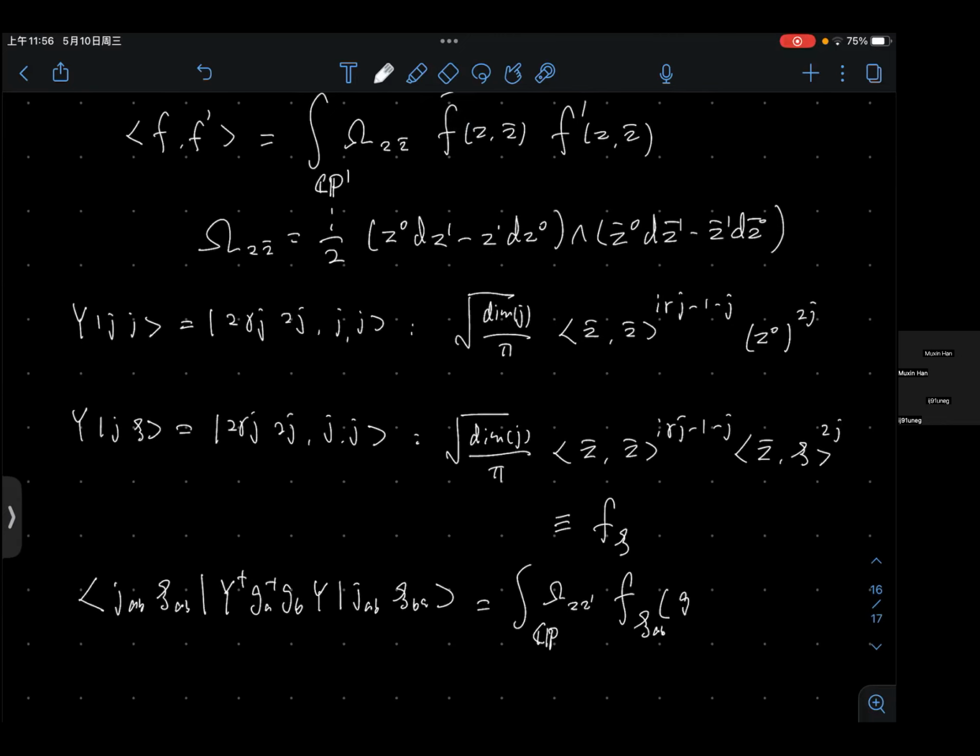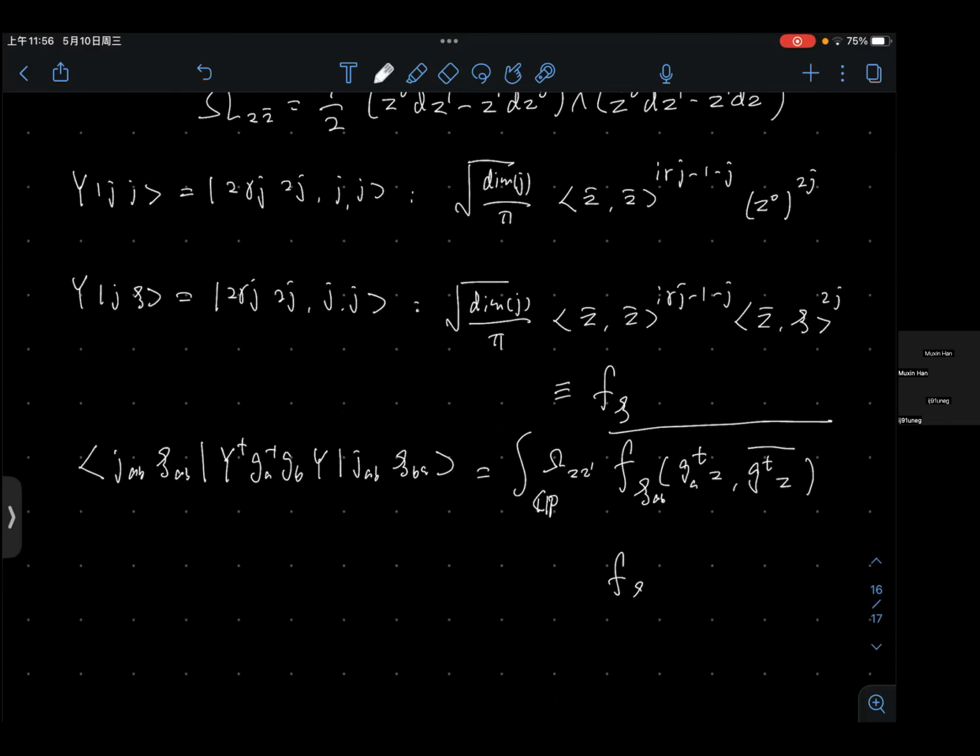So now the group action on this function is given by the transpose of Z, and the complex conjugate in F. So here, little t means transpose.